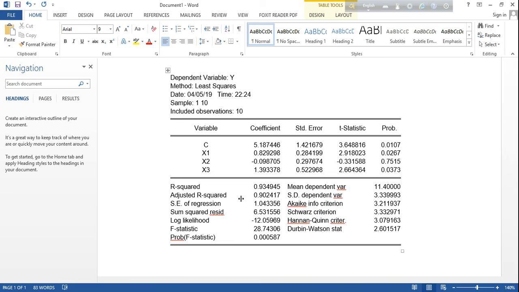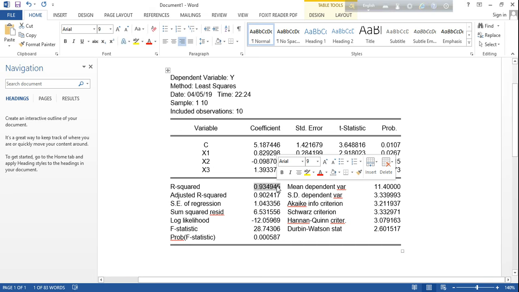Otherwise, we can say just by looking at the value of r squared or adjusted r squared, you can determine whether the model is a good one or not. From here we can say, if we consider r squared, this model is a good one because the independent variables here cumulatively explain 93.49% of the dependent variable.